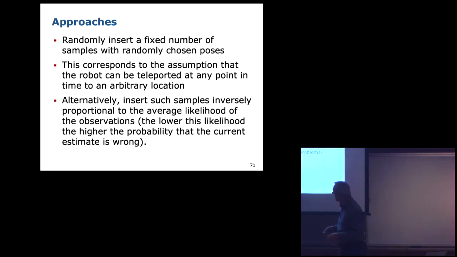So what people have been doing is either what I mentioned, randomly guessing new places, or the alternative is to look at the average likelihood of your observations. And basically, if they drop, meaning that the robot is unhappy with its observations, nothing fits really. You generate statistics about what is the typical observation likelihood that I have when I'm happy.